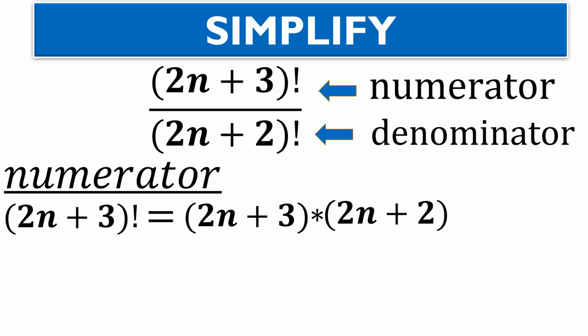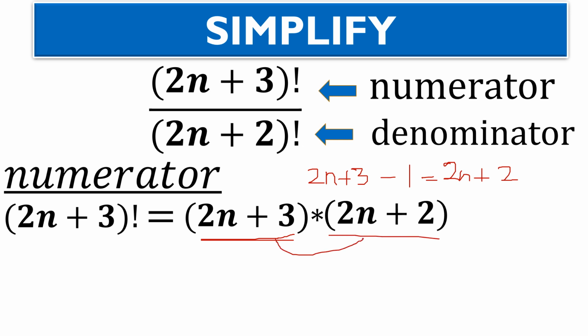We started with 2n plus 3, minus 1, and that's equal to 2n plus 2. So we start with 2n plus 3, and the next number we're multiplying is less than it by 1. And that's how we got 2n plus 2.